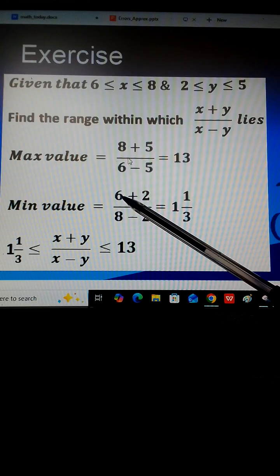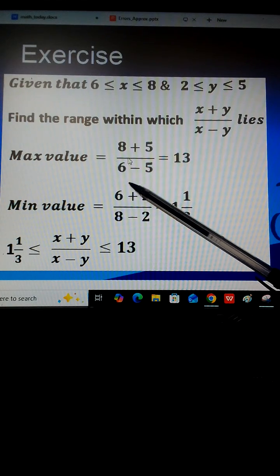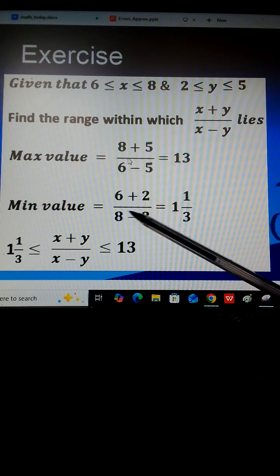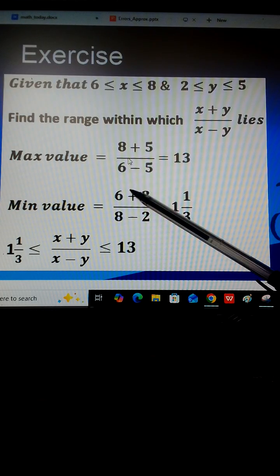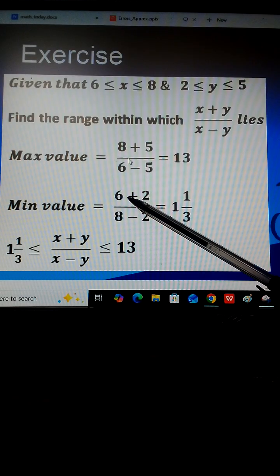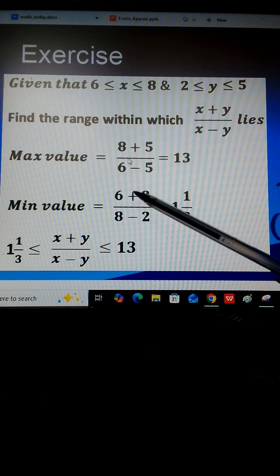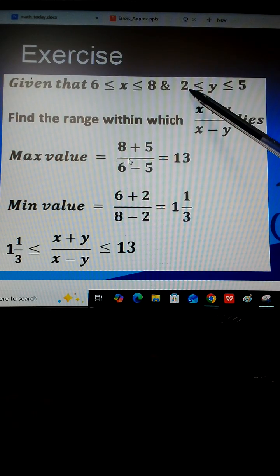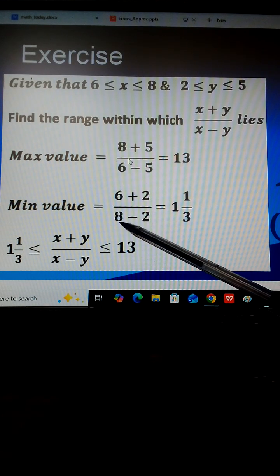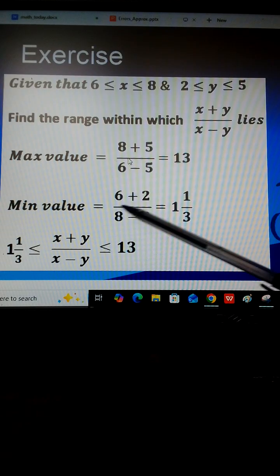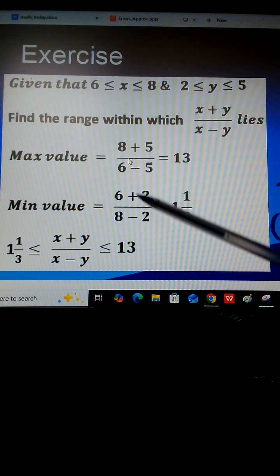Let's find the minimum value. To get the minimum value of this expression, you must find the smallest numerator possible, divided by the highest denominator possible. So to get the lowest numerator, we take the minimum value of x, which is 6, plus the minimum value of y, which is 2, so 6 plus 2, divided by the highest value of x, subtract the smallest value of y to get a very big denominator.